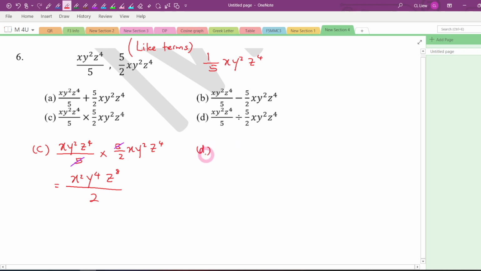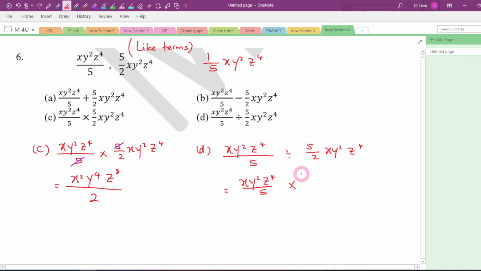Now let's move on to part D. x y squared z power 4 over 5 divided by 5 over 2 x y squared z power 4. Okay, but this one you need to be more careful. Divide, you can change it to multiplication, right?